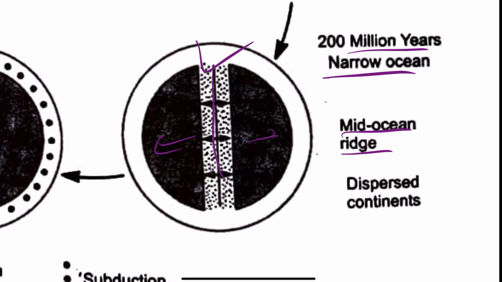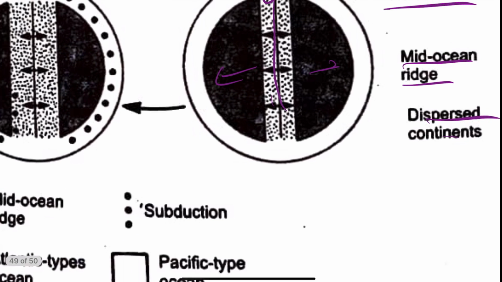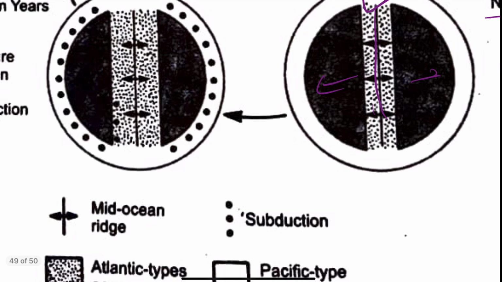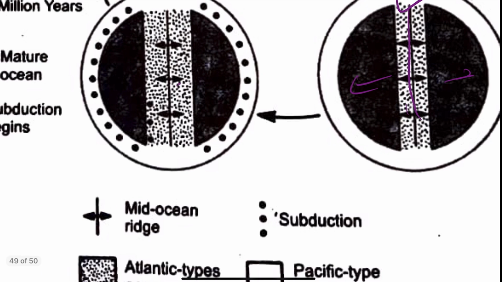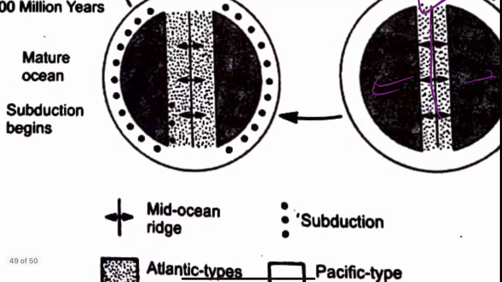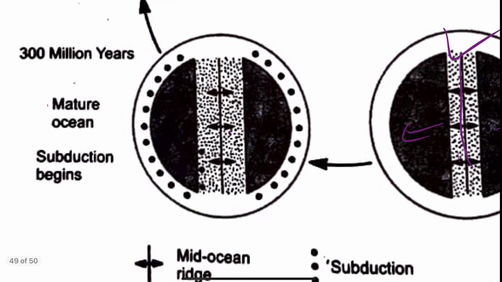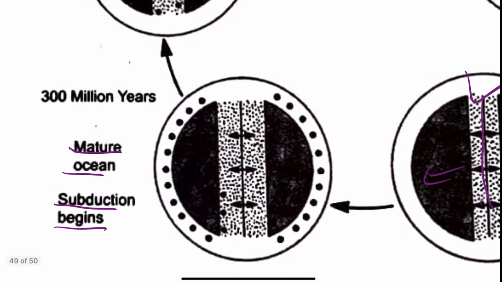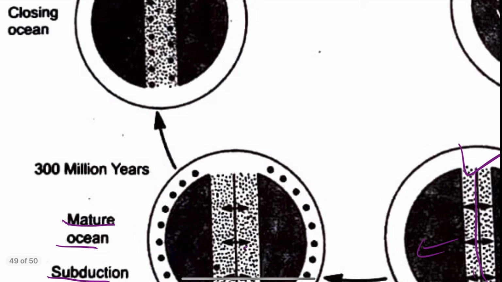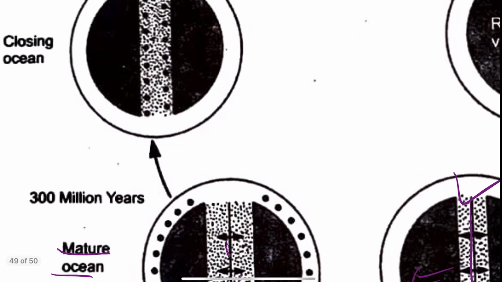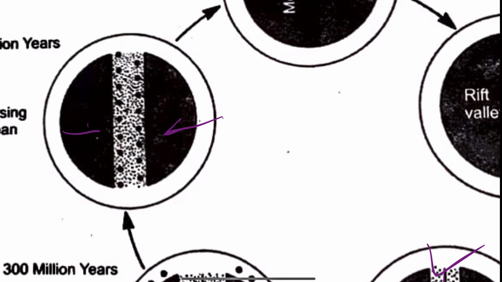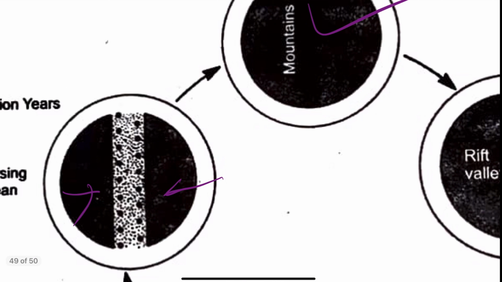The continents are dispersed continents. Then it becomes thicker. Mature ocean, subduction begins. It starts subducting, and this pulls the continents towards each other.